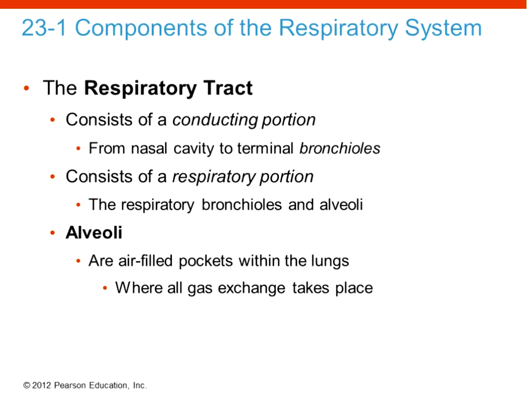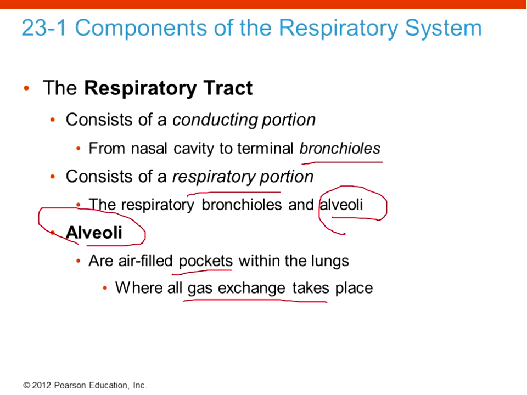Respiratory tract consists of a conducting portion, which is basically our nasal cavity that goes all the way down to those terminal bronchioles, and then a respiratory portion, which has the respiratory bronchioles and then the alveoli. And as I said, the alveoli are basically air-filled sacs or pockets deep within the lungs where this gas exchange takes place.